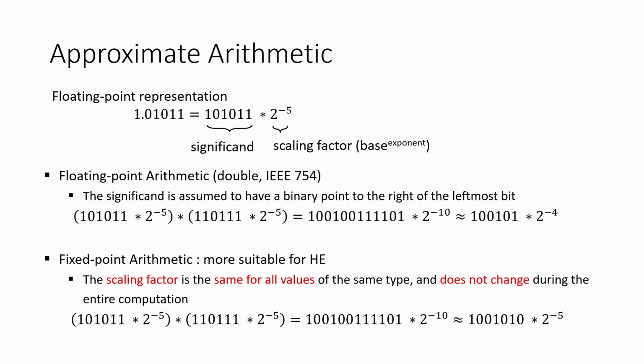So in this last approximate equality, these two numbers are actually two different representations of the same number. So we divide this significand by a scaling factor 2 to the 5 here to make a trade-off between efficiency and precision. Since CKKS rescaling has this functionality, the goal of CKKS rescaling is not to manage the noise in the ciphertext. We don't care about noise because noise is always a part of the plaintext.